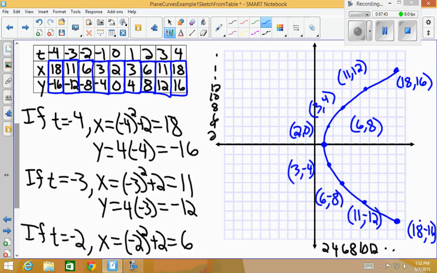And to indicate some movement here, we can put arrowheads along our curve to mean that if the point were moving along this curve, it would start at the point 18, negative 16, and it would move towards the point 18, 16. So those are the two endpoints of the curve. This curve has endpoints which are distinct, so it is not a closed curve, and hence it is also not a simple closed curve. So here's an example of sketching a plane curve defined by parametric equations via a table.